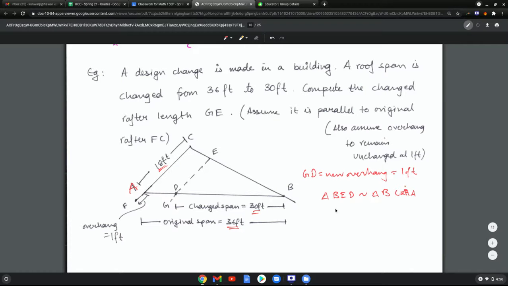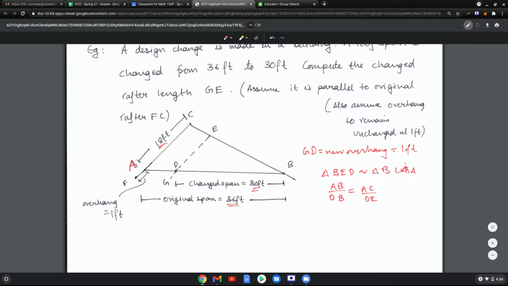This means that the ratio of AB to DB should equal the ratio of AC to DE, corresponding sides again. Now what is AB? That's the original span, 36 feet. DB is the new span, which is 30. AC is the original rafter length, which is 18. And DE is what we are trying to find.